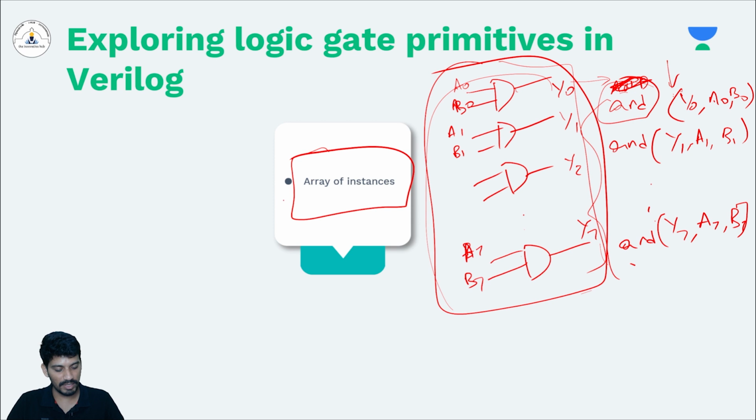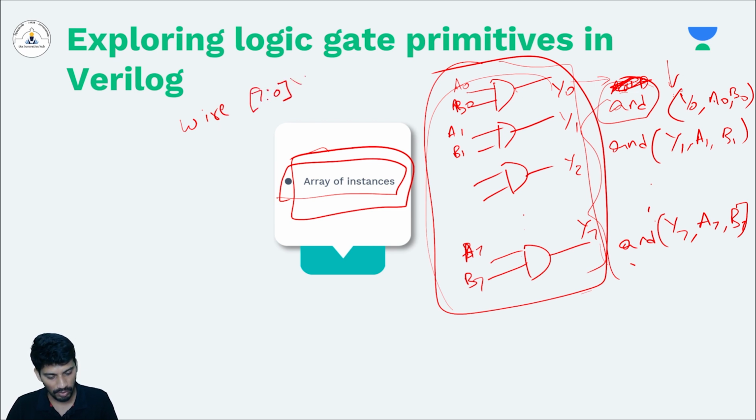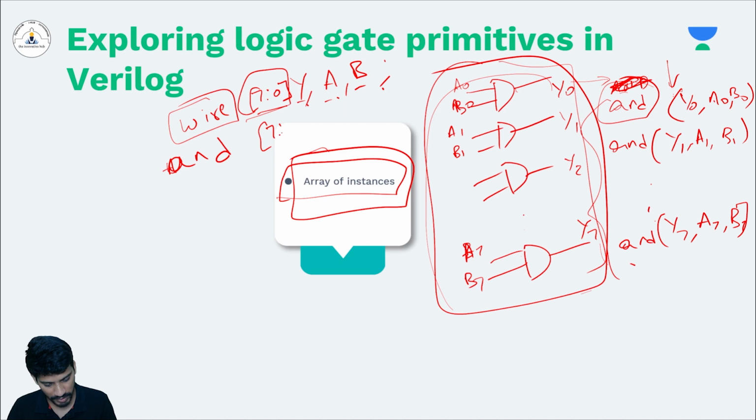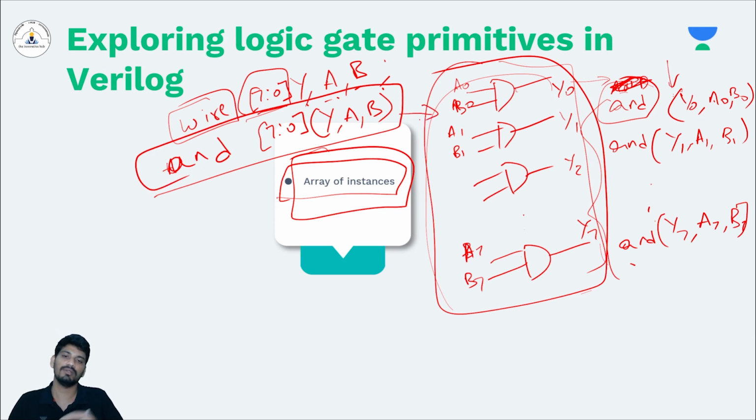But you can do it in a single line by using an array of instances like this. First of all, you need to define the vector or array like this: wire [7:0] Y, A, B. Since Y, A, B are 8 bits now instead of single bits, you define the wire of 8 bits for Y, A, B, then write a gate like this: and [7:0] and then open the bracket with Y, A, B. So this is exactly equivalent to the earlier version.